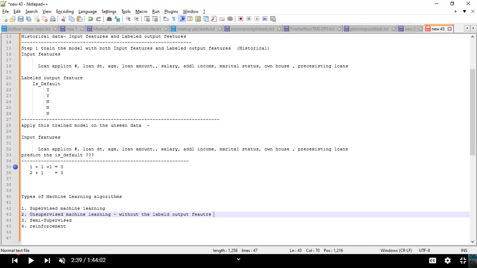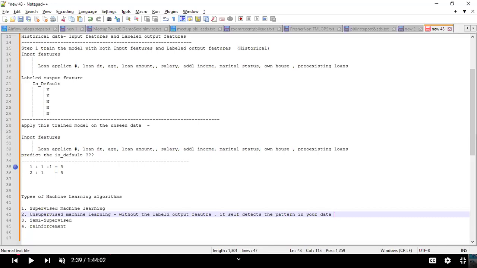The unsupervised machine learning algorithms are helpful. It self detects the pattern in your data.